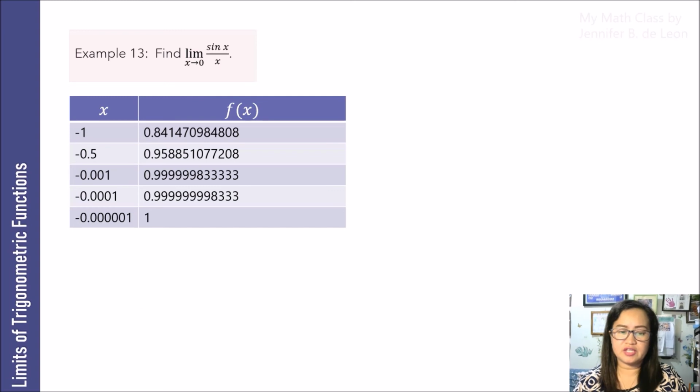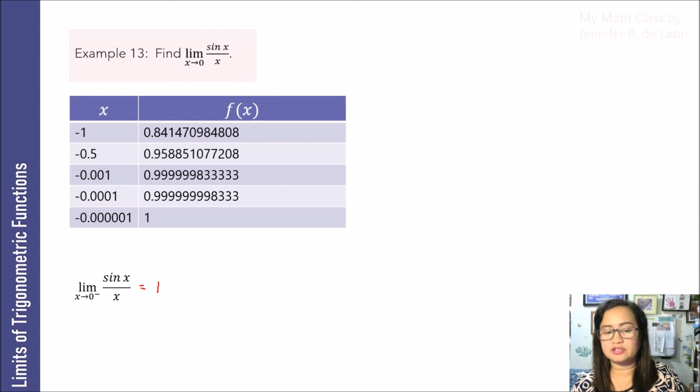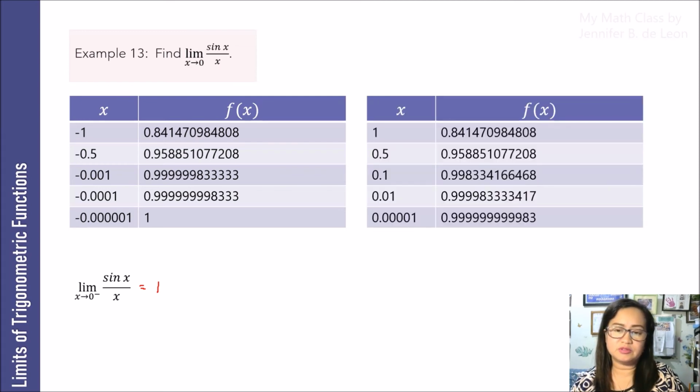So in this case, we can see that the limit of sine x over x as x approaches 0 from the left is 1. Now let's take a look at the second table. This time we choose the numbers at the right of 0, and here are the corresponding values of f of x. As x approaches 0, the value of f of x is equal to 1.